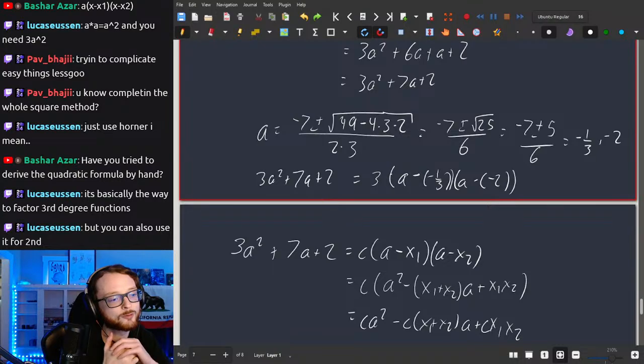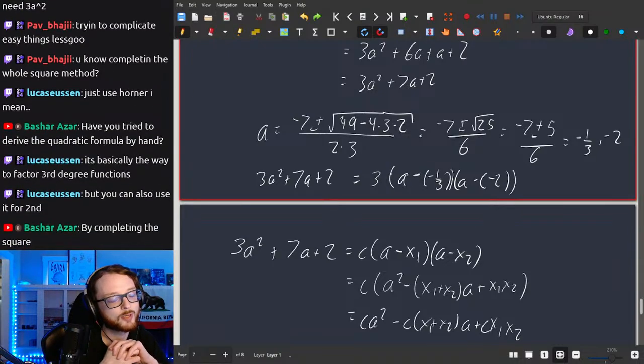The way to factor third degree functions, you can also use it for second. Oh, okay. By completing the square? Oh, really? I'd have to see it.